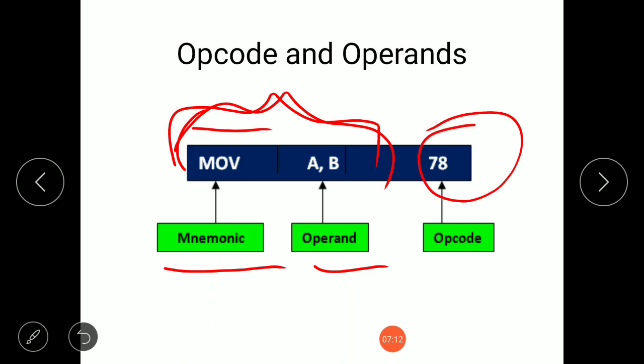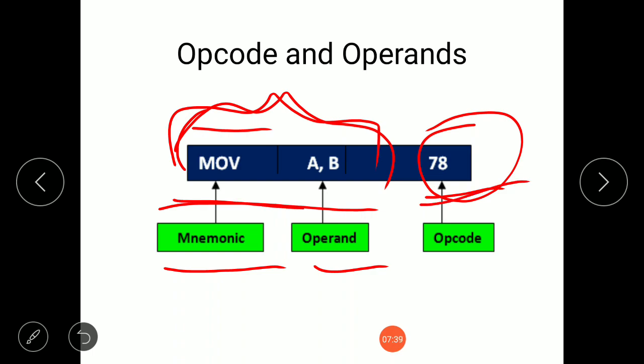When you were going through the microprocessor lab experiments, you might have come across the term opcode, and you might have seen that for every instruction there is a specific opcode. Whenever we enter that instruction in the microprocessor, we write the opcode and the operands.